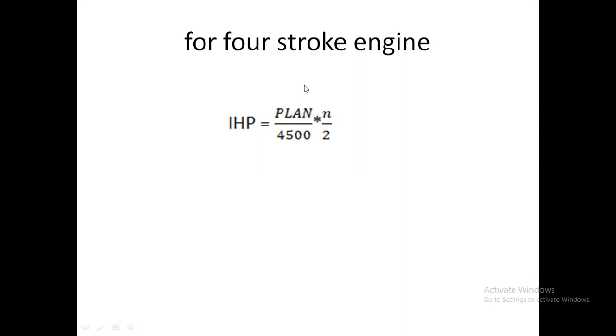Capital A is the cross-sectional area of the piston, in centimeter square. Capital N is the engine revolution speed, given in RPM, revolutions per minute. And small n is the number of cylinders.